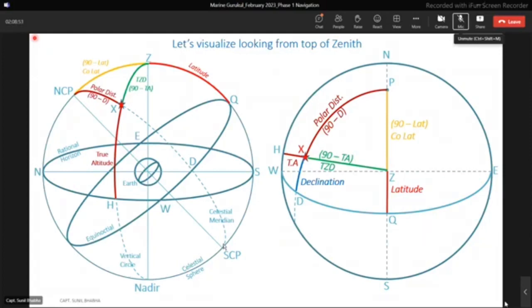Yes, we can draw it. I have not shown it in this diagram, otherwise it will become complicated. But when we make the rational horizon diagram, we will be showing the declination circle also. The declination circle will be exactly parallel to the equinoctial, that is WQE. So passing from X parallel to WQE will be the declination circle of the body.